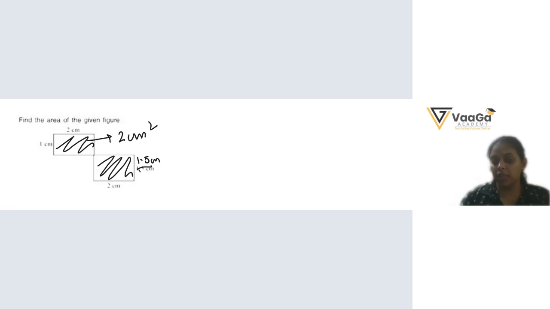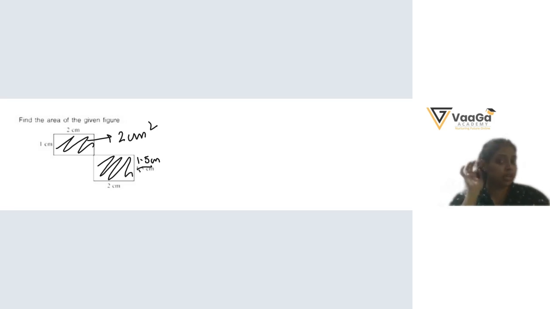And what about the next one? No, 1.5 times 2 is not 2.5.